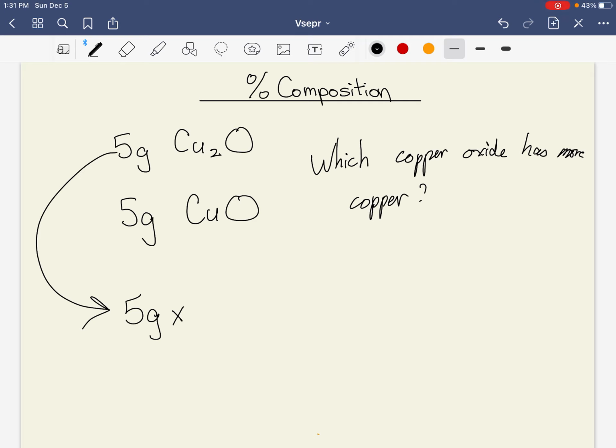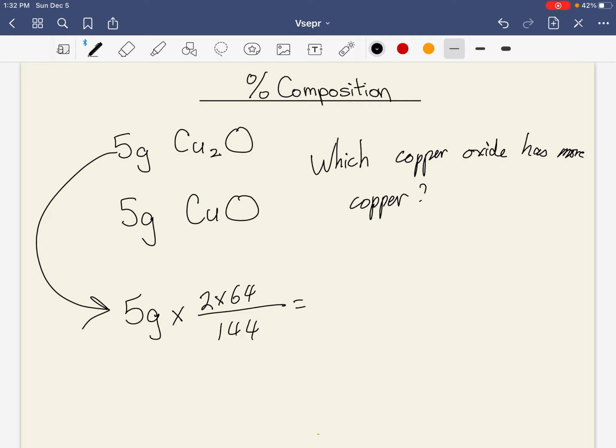I think it is 64, if I remember correctly. Yeah, 2 times 64. There's 2 of them, and copper is 64 grams per mole. I hope I'm right. Let me look at my calculator. So 64 plus 64 plus 16, that is 144.